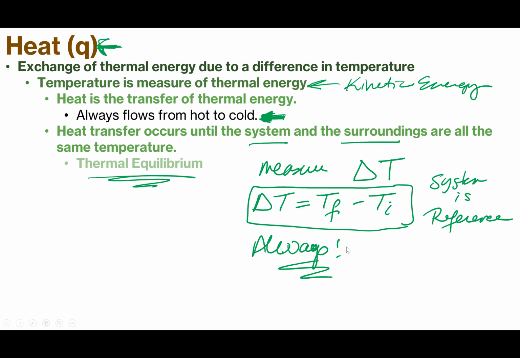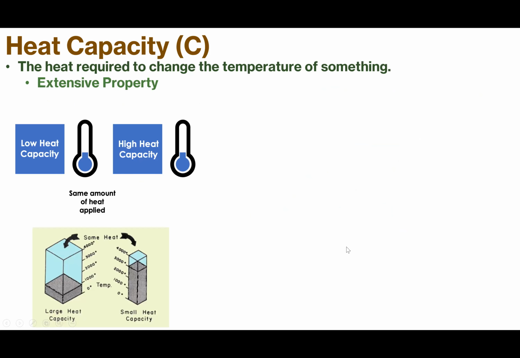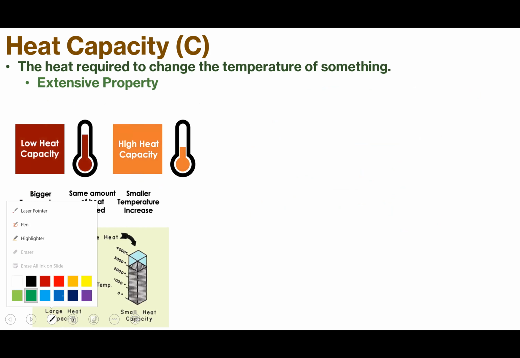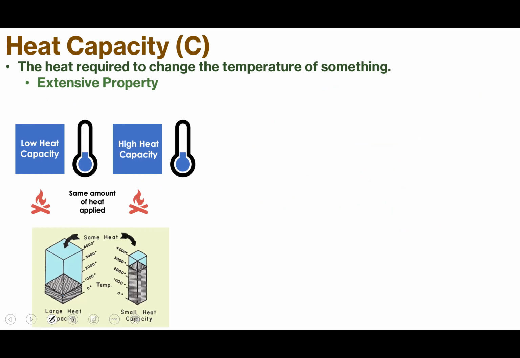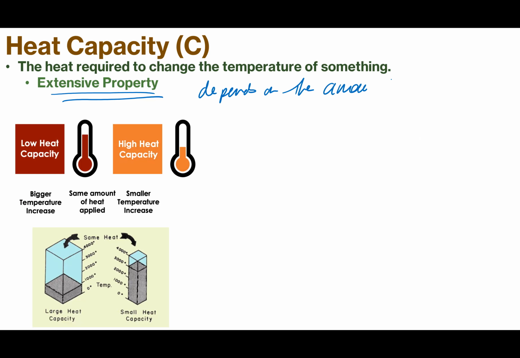All right, so let's get into thinking about this as we do stuff. Heat capacity is called C. The heat capacity itself is the heat required to change the temperature of something. Okay, this is an extensive property, which is going to mean that it depends on the amount. When we're using heat capacity, you'll notice amount does not show up in our equation.